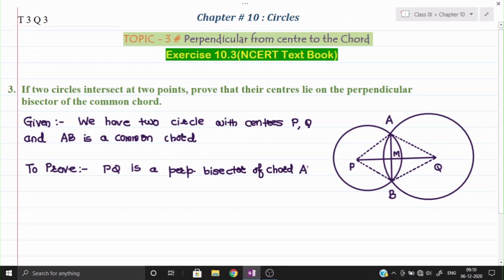Okay, that we are going to prove. So why are we proving that PQ is the perpendicular bisector of chord AB? You can read the last few words of the question and understand. Okay, now let us start the proof of the question.